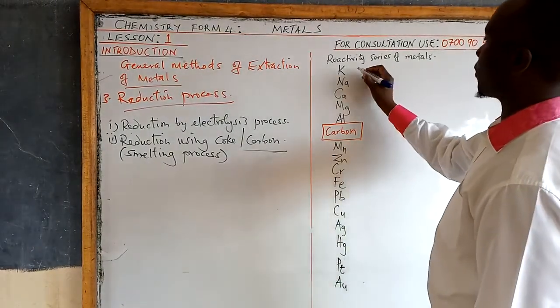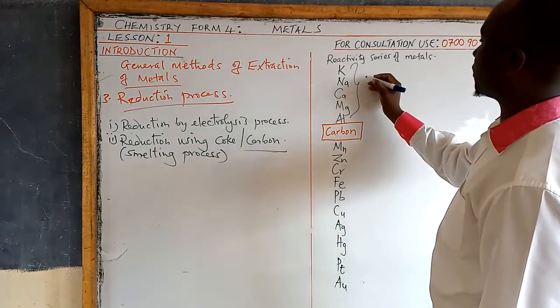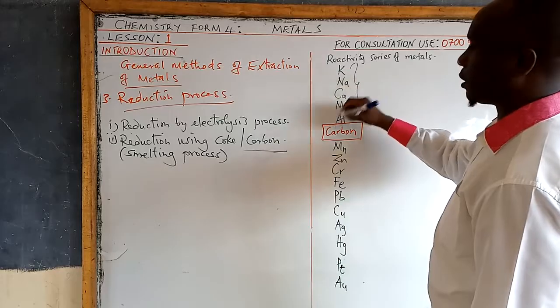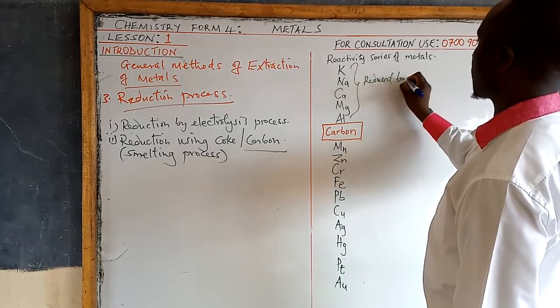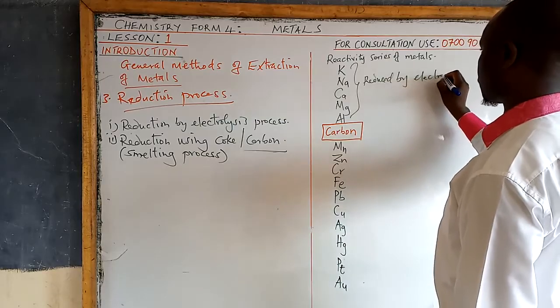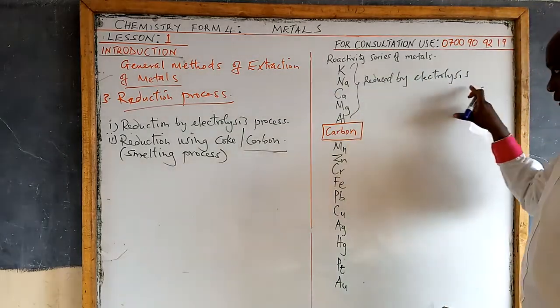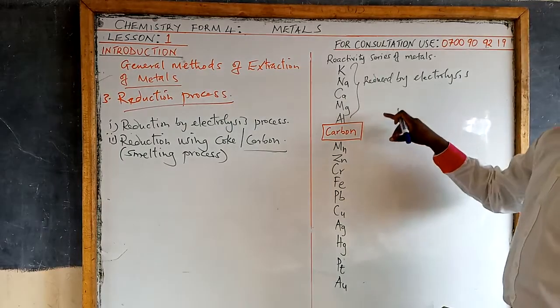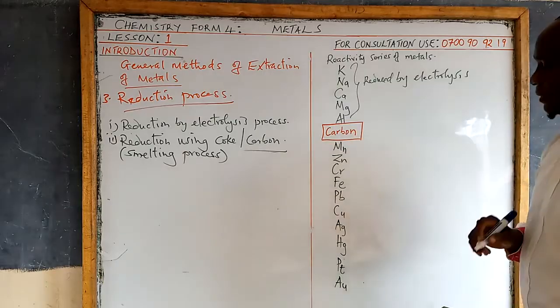So all these metals that are above carbon are extracted or reduced by electrolysis. These metals usually are very reactive. You cannot find them free. They are usually found combined with other elements.